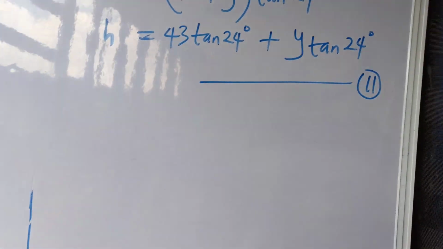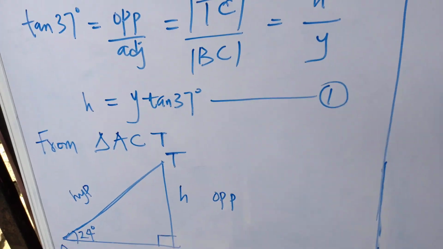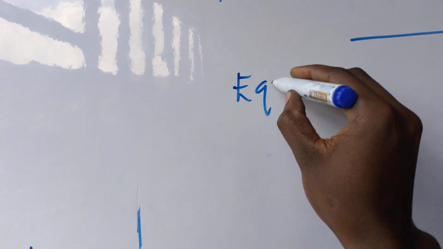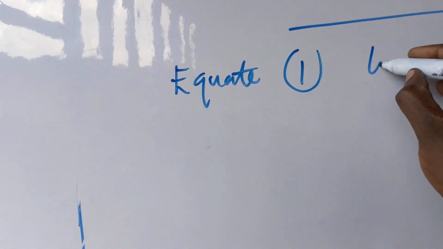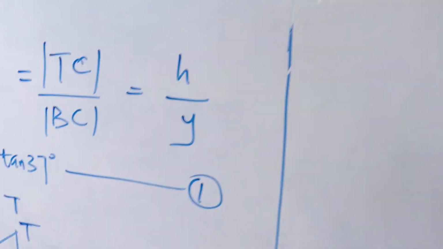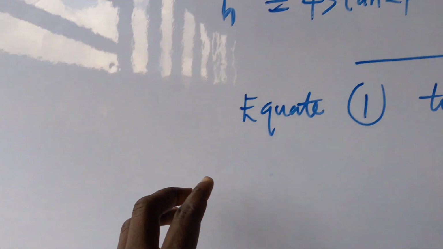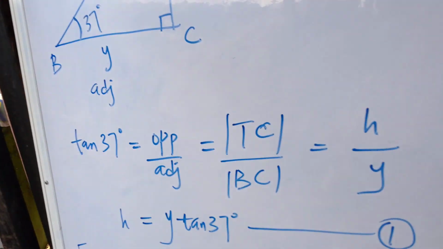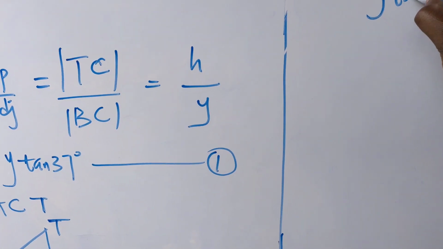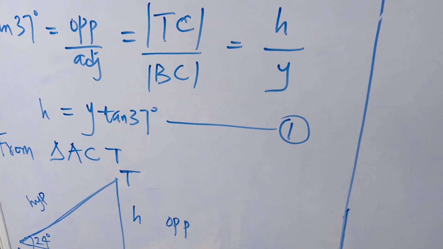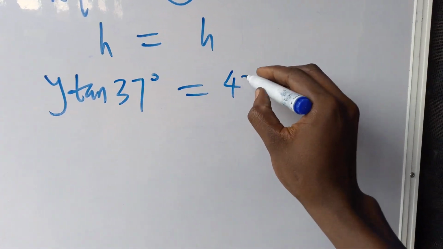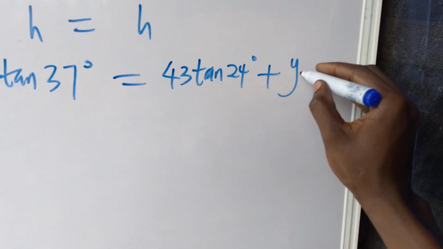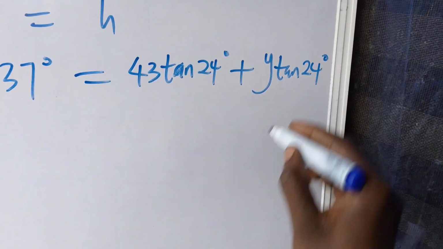Now we equate equation 1 and equation 2. Equate equation 1 to equation 2. It's similar to saying equating h to h. H here is y tan 37 degrees, and h here is 43 tan 24 degrees plus y tan 24 degrees.